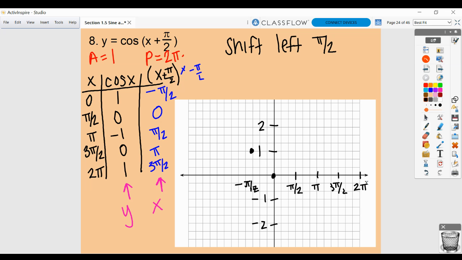Pi over 2, negative 1. Pi, 0. And 3 pi over 2, 1. So if you look at this one, it is shifted to the left because this original green would be cosine of x. So since we shifted it, you can see that you picked up the points and shifted. So hopefully that helps.